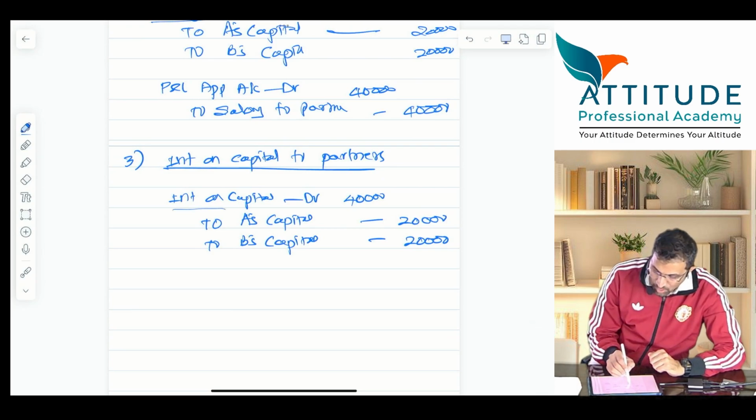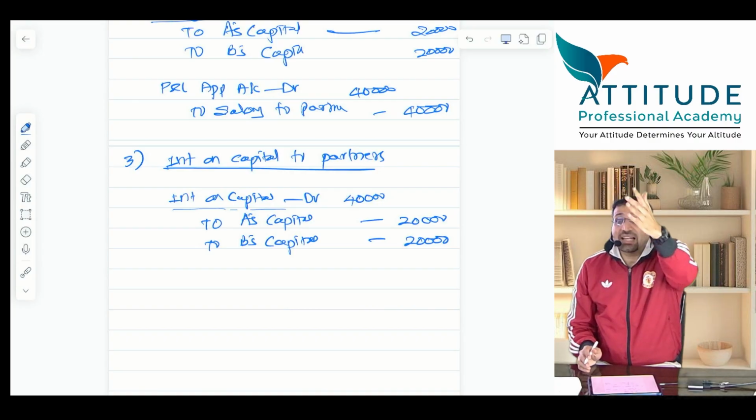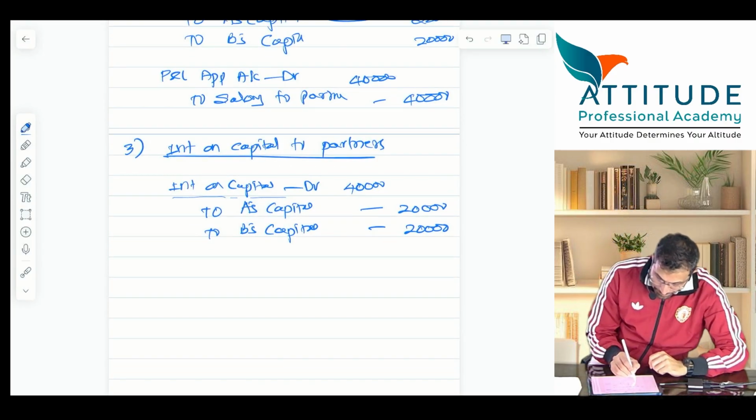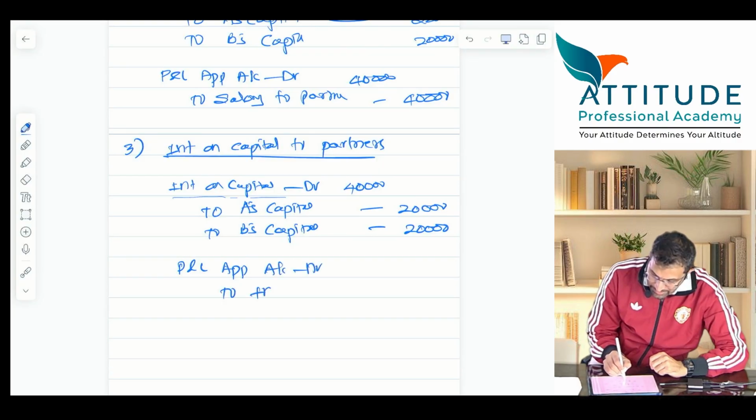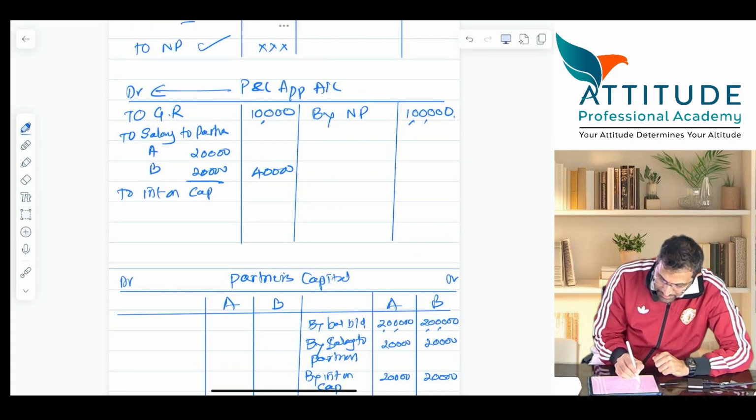Now tell me, interest on capital should get closed or no? Interest on capital is a nominal account. It should get closed or no? Where it will go? P&L. So entry P&L appropriation account debit to interest on capital 40,000. So go to P&L appropriation account. On the debit side, I'll write here to interest on capital A and B 20,000.